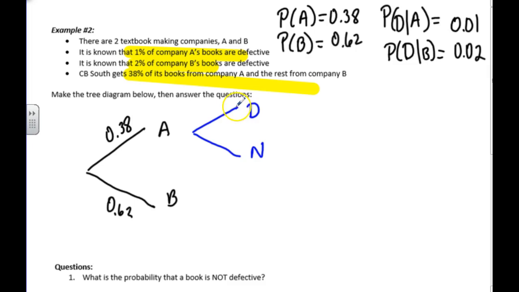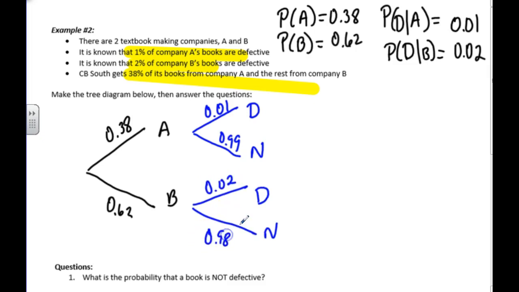So we're told that that will be 0.01 and 0.99. And for my B, it will be 0.02 and 0.98.